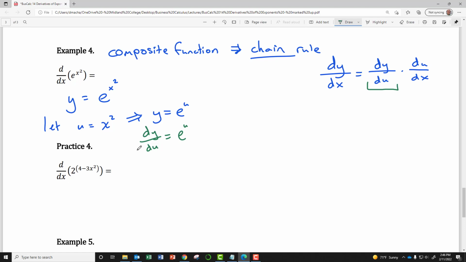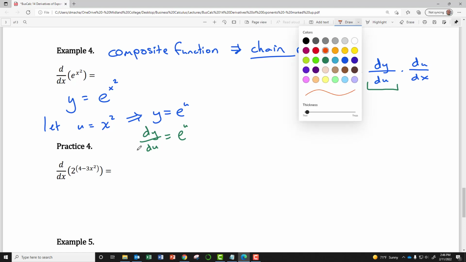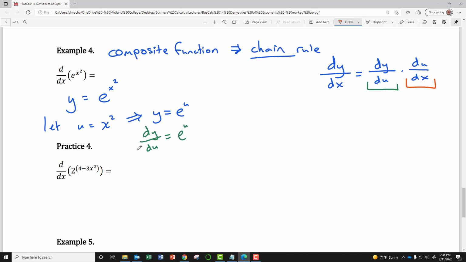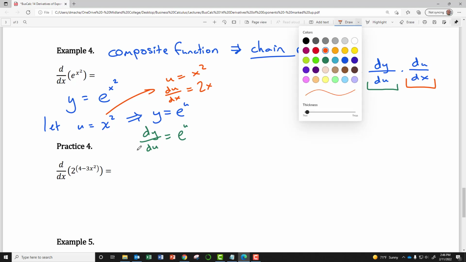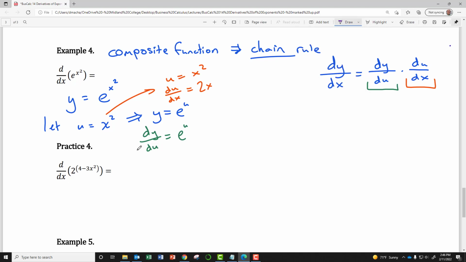Okay, so far so good. Then we look over here at the derivative of u with respect to x. If u equals x squared, then du/dx is going to be 2x. Putting it all together, we have dy/dx equal to e to the u times 2x.